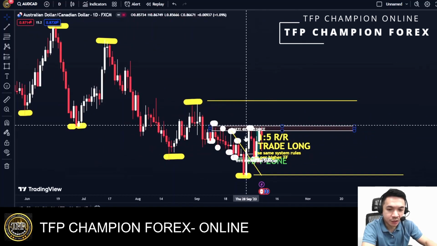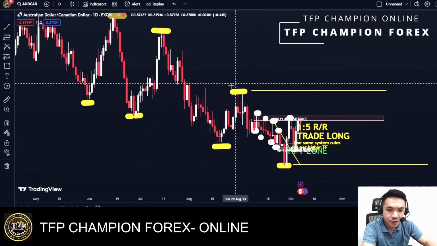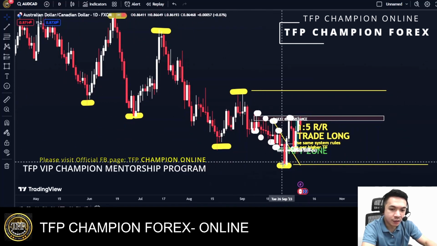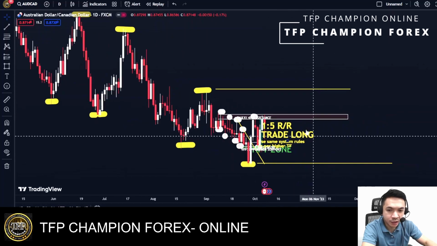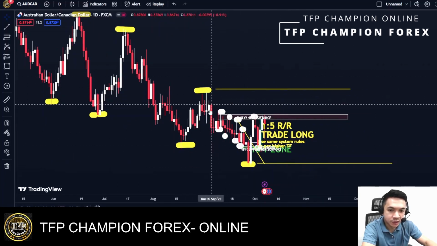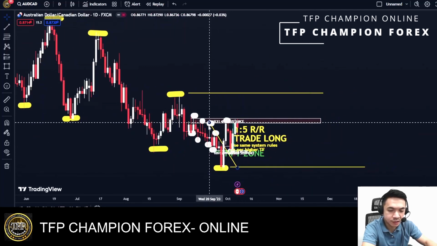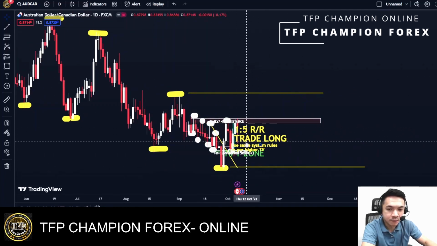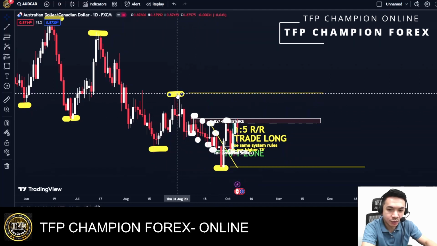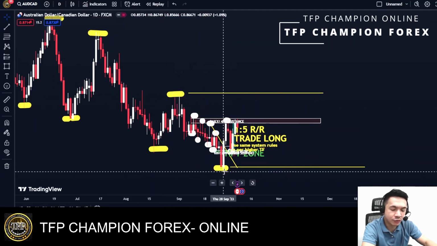Nag-consolidate siya in between, which means we have this peak from our previous lower highs and our peak from lower lows. So that's why I mark this as levels of highs and lows from this point of view. Ibig sabihin, the market is currently in between dun sa key levels na yan from this peak of lower highs and from this peak of lower lows.